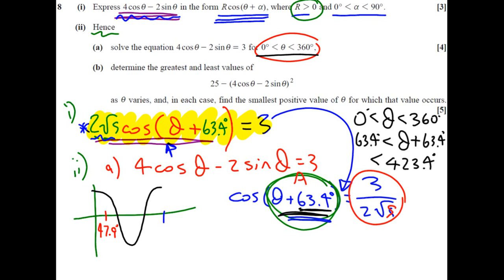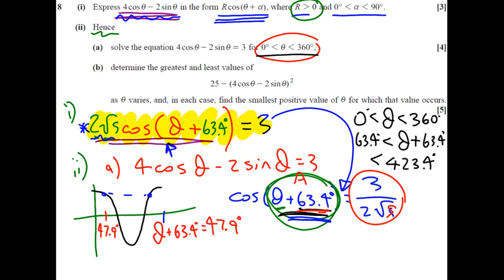Right, so that means that we're going to get more answers. We're going to get an answer here, and we're going to get an answer here. But that's not our final answer for theta. To get our final answer for theta, we need to add on, well, not add on, we need to take away. I'll show you why. It's because that's theta plus 63.4 equals that.